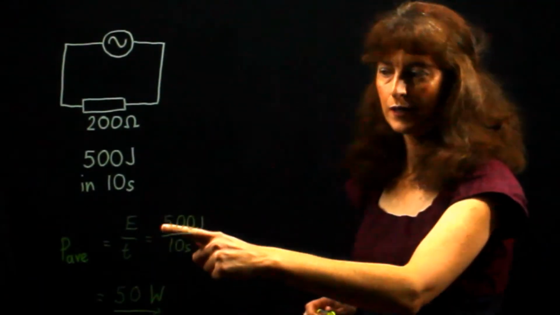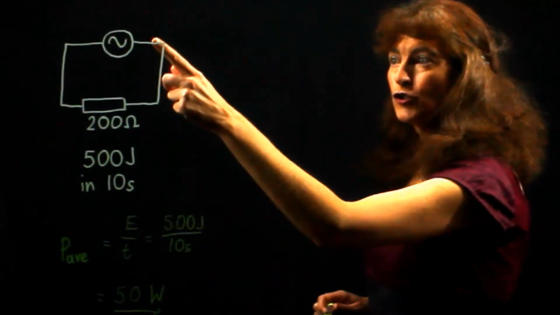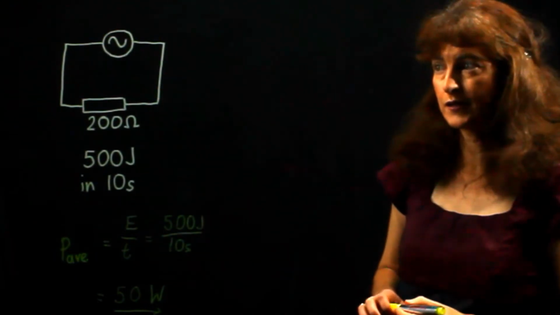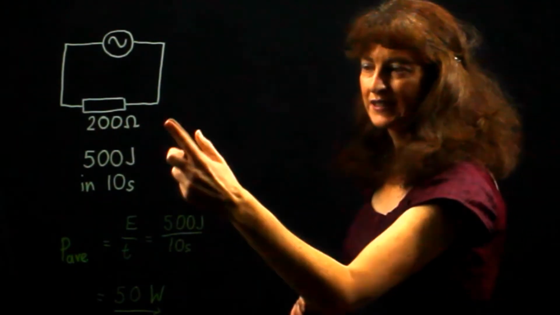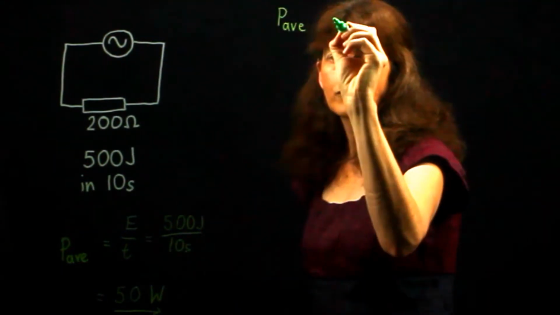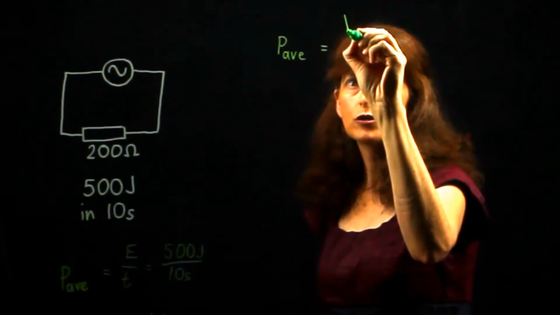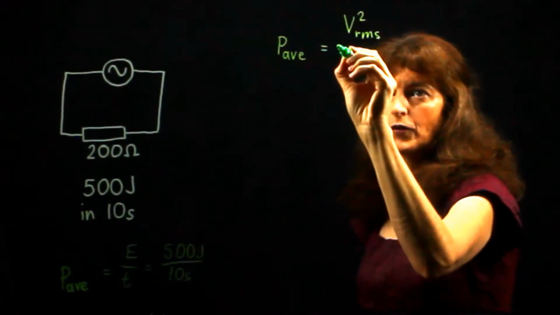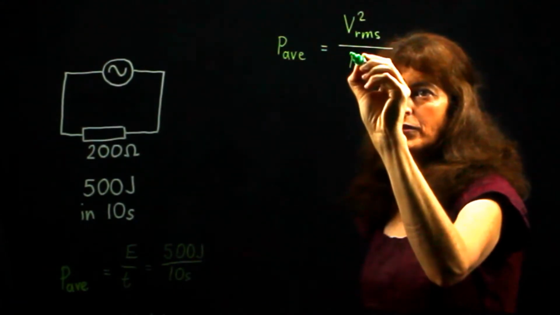That average power is related to the root mean square of the voltage of that source and the resistance of this resistor. How is that relationship? Average power is equal to the square of the root mean square of the voltage over the resistance.